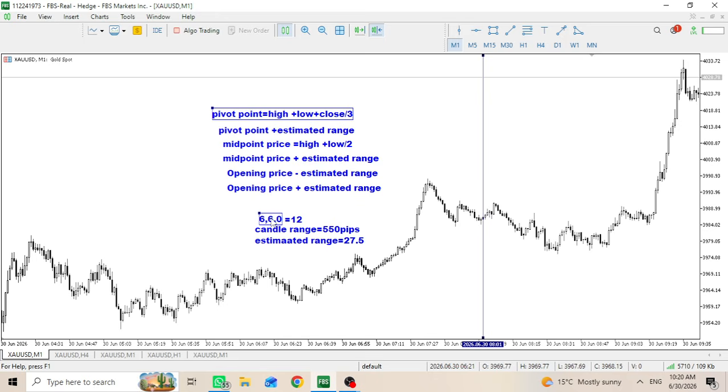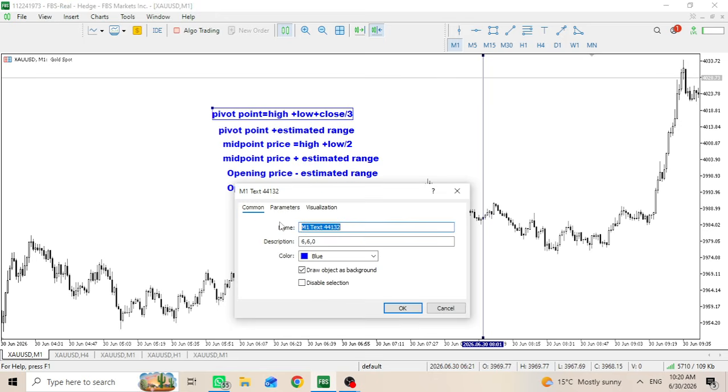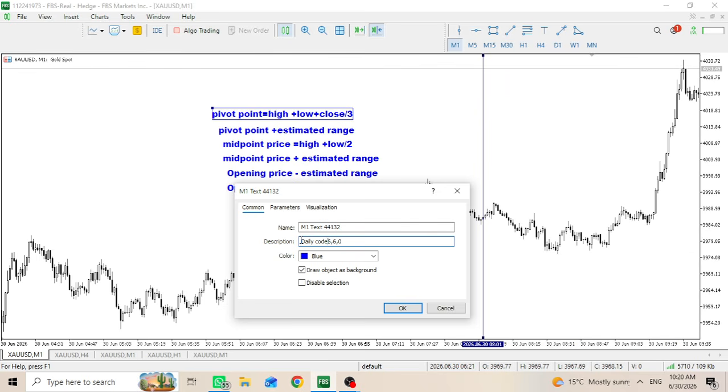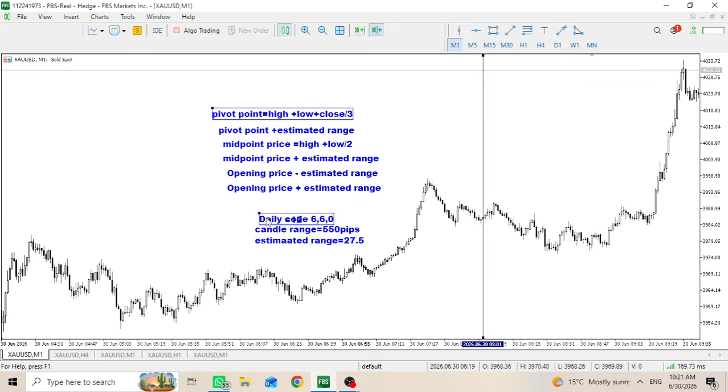This is what I call the daily code. This is the daily code.